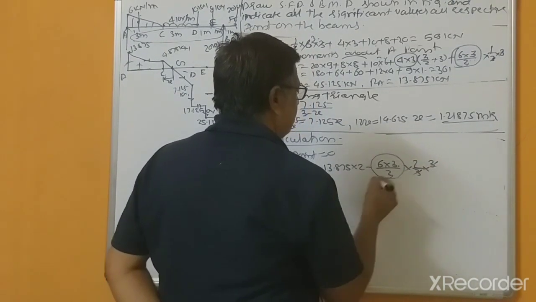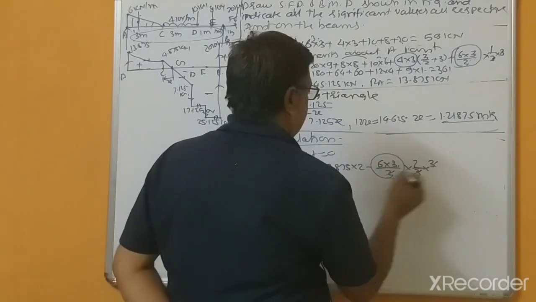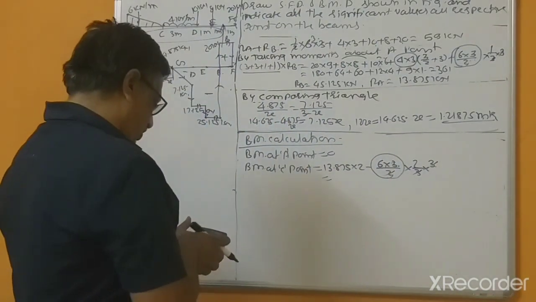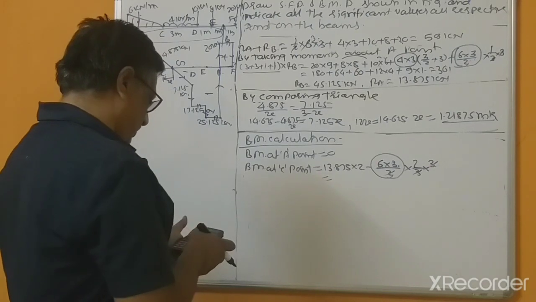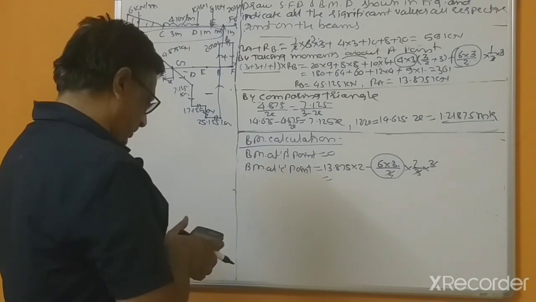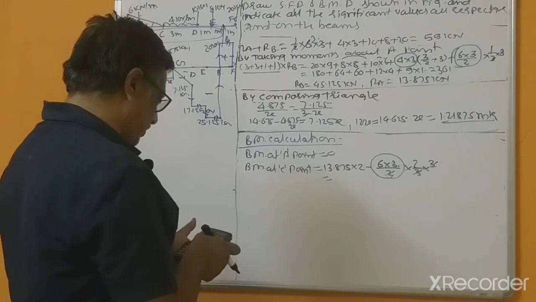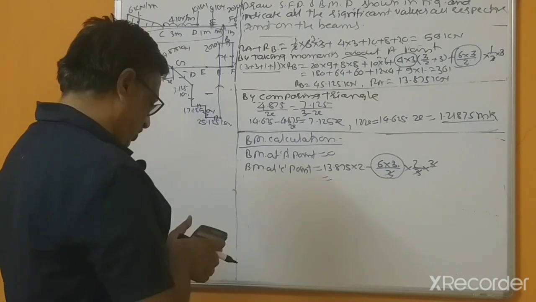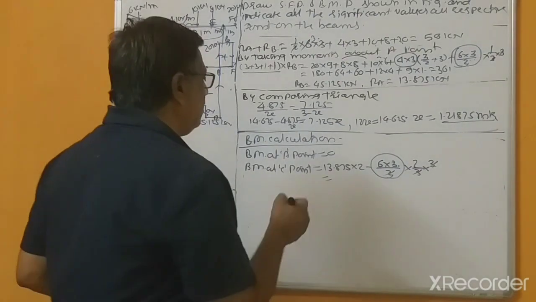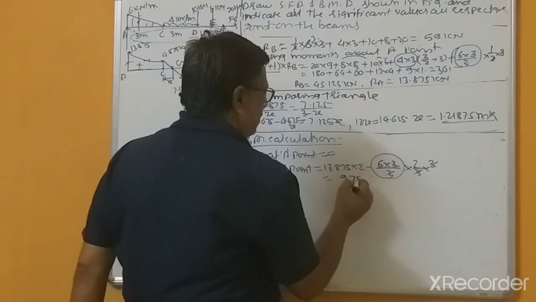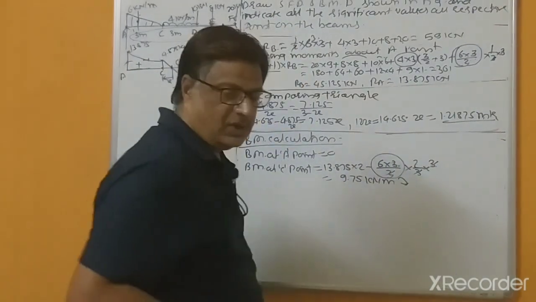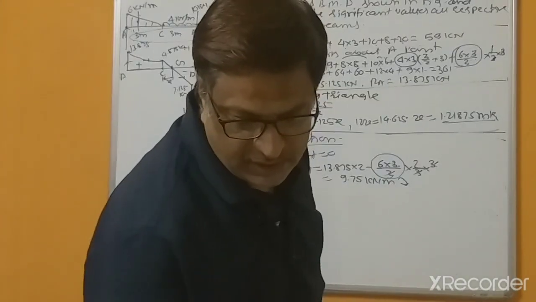So this will get cancelled and this 9, 18. 13.875 minus 18. No, sorry. Multiplied by 2 minus 18, 9.75 kilonewton meter, and this is clockwise.